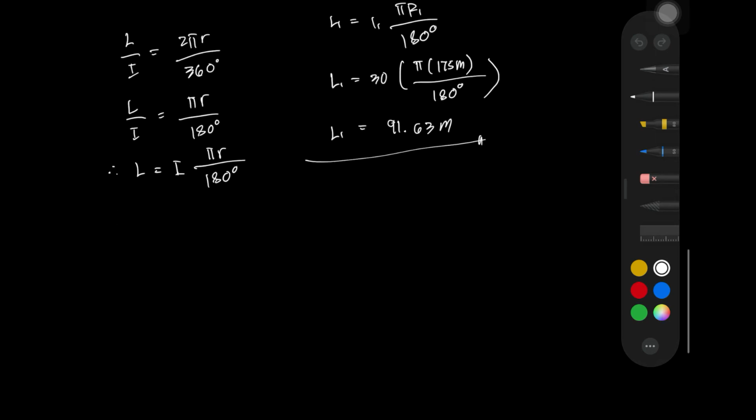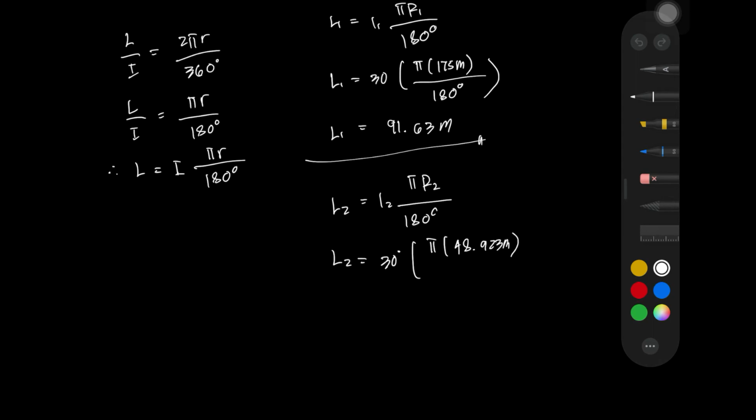Same goes for L2. So we have L2 is equal to I2 multiplied by pi R2 over 180 degrees. So L2 is equal to 30 degrees multiplied by pi 48.923 meters over 180 degrees.